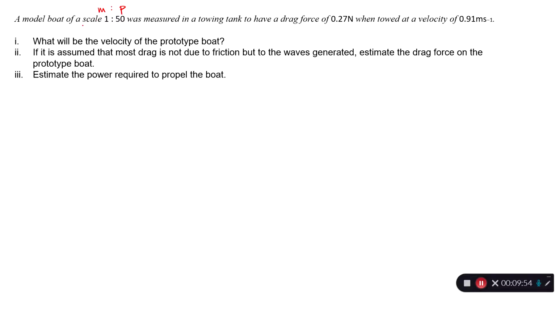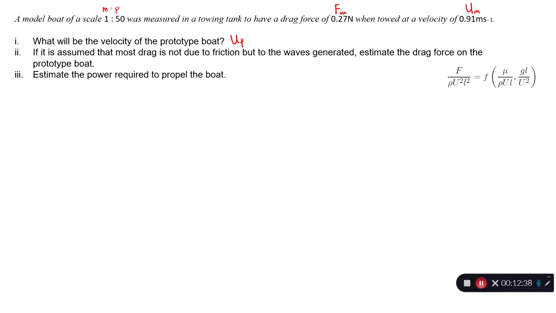Okay, so a model boat of scale 1 to 50 was measured in a towing tank to have a drag force of 0.27 newtons. So this is the F in the model, when towed at a velocity of 0.91 meters per second. So this is the velocity in the model. So what will be the velocity of the prototype boat? Here we have to find u of the prototype.